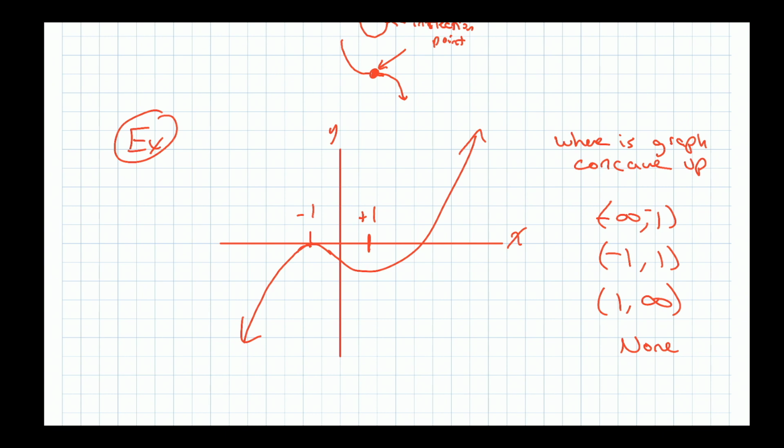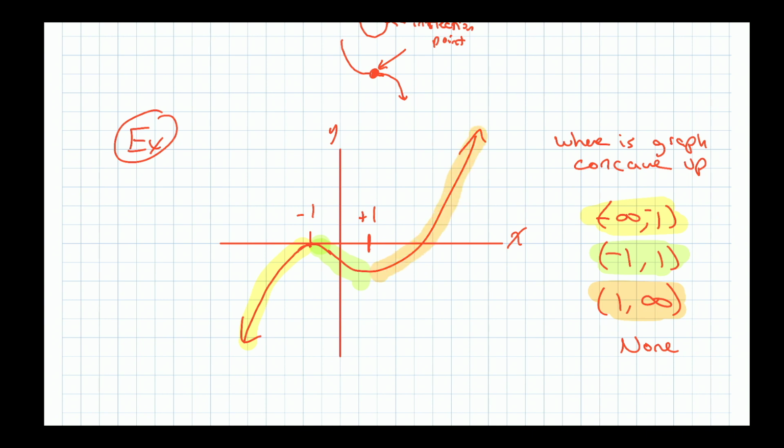So -infinity to -1 is this section of the graph. And then -1 to 1 is from here to here, this section of the graph. And then 1 to infinity is this section of the graph.